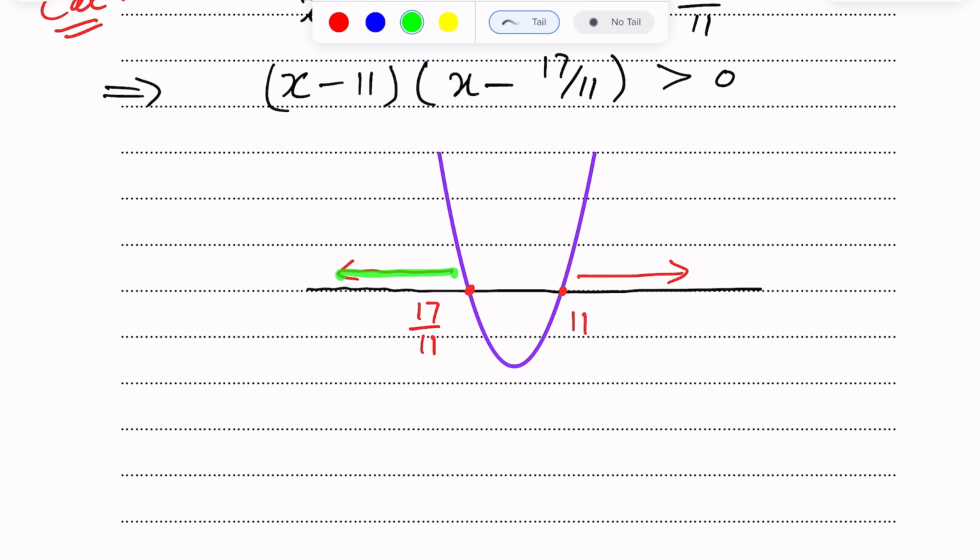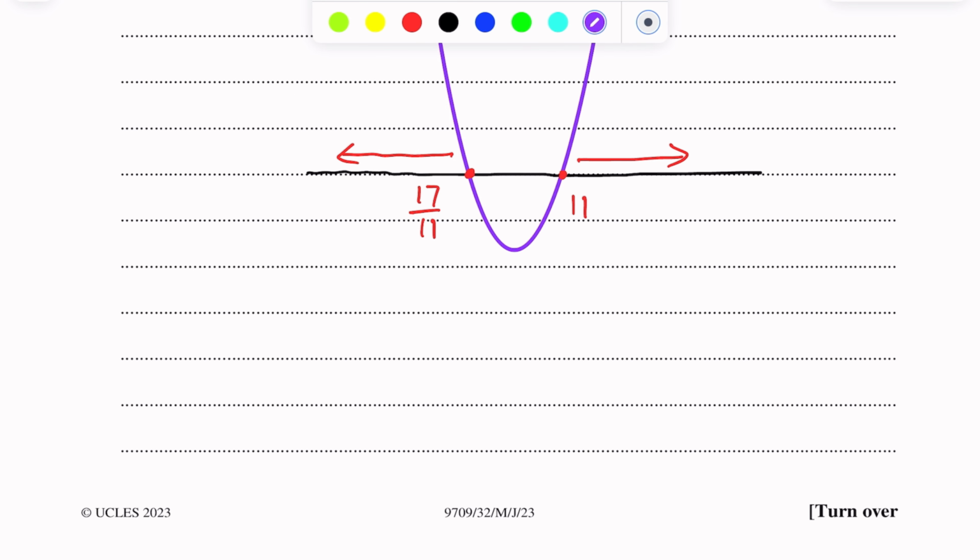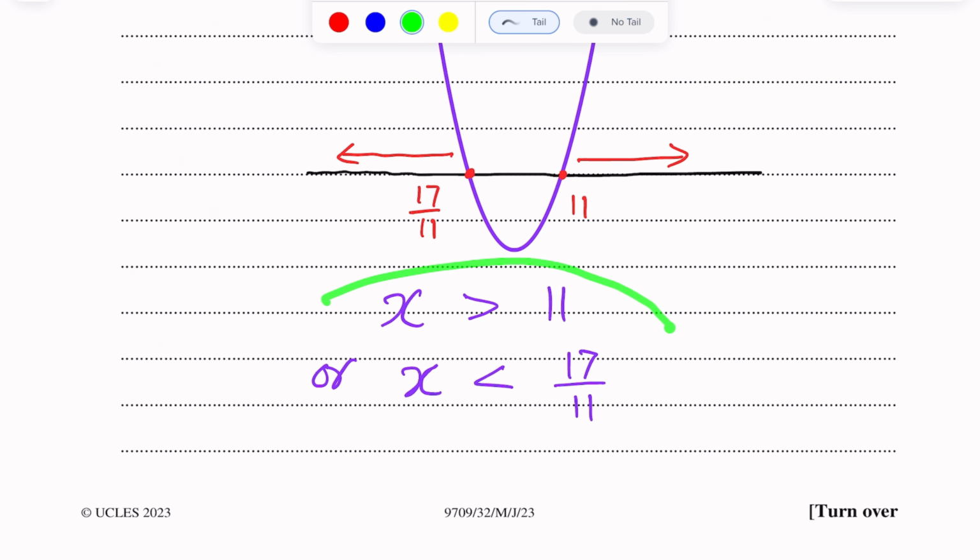This arrow shows the values less than 17 over 11. So finally, the final solution set of values is x greater than 11 or x smaller than 17 over 11. These are the set of values which satisfy the given inequality.